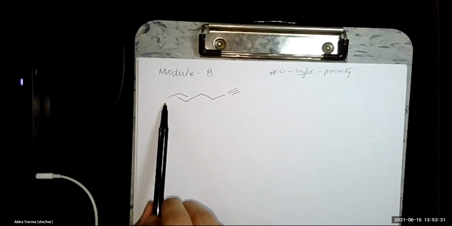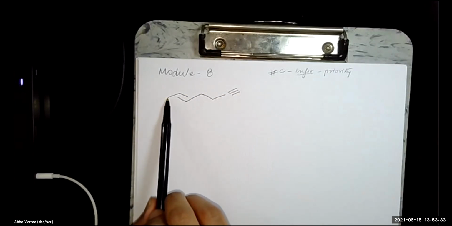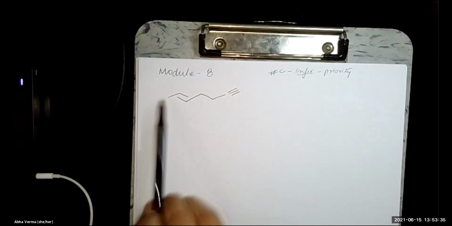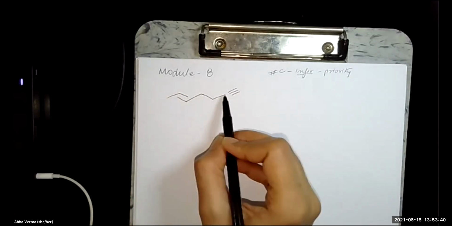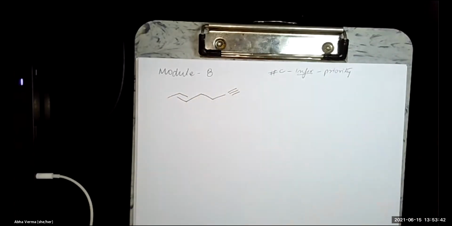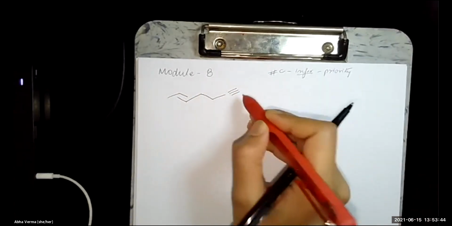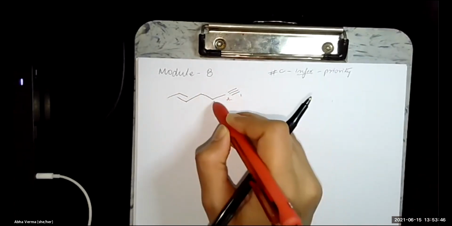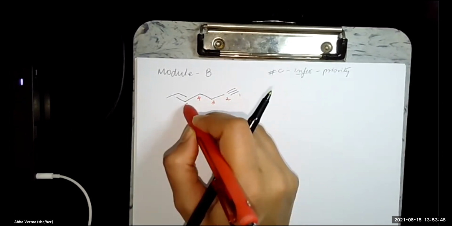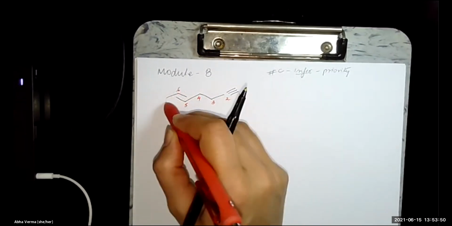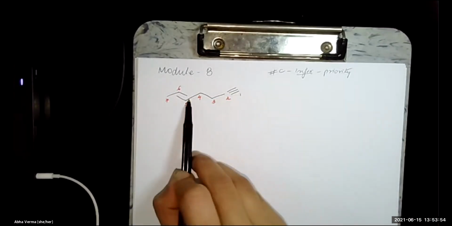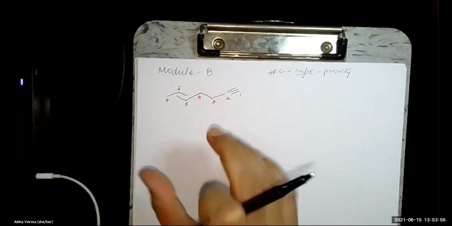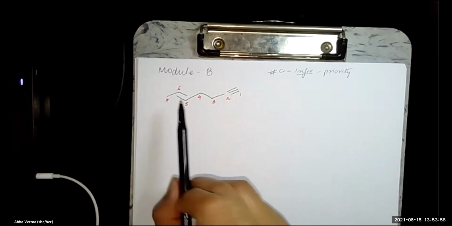So now the question comes about the lowest locant value. So 1, 2, 3, 4, 5, 6, 7. But if we start our numbering from here, it will be 1, 2, 3, 4, 5, 6, 7. So the placement of your alkene and alkyne is completely different.